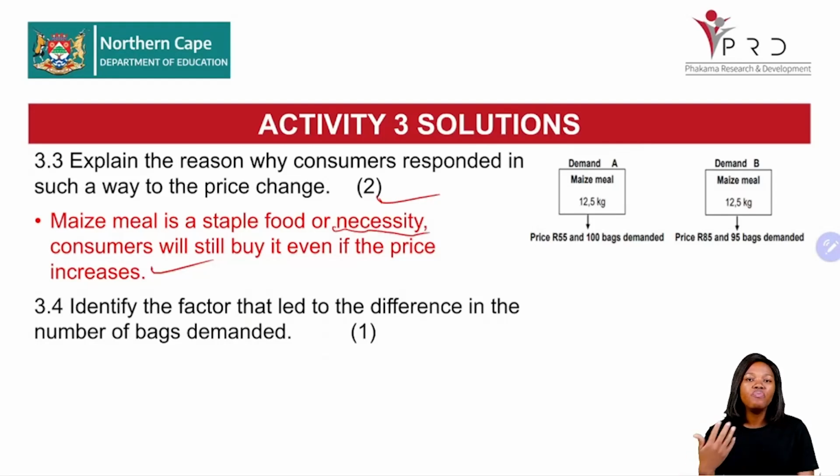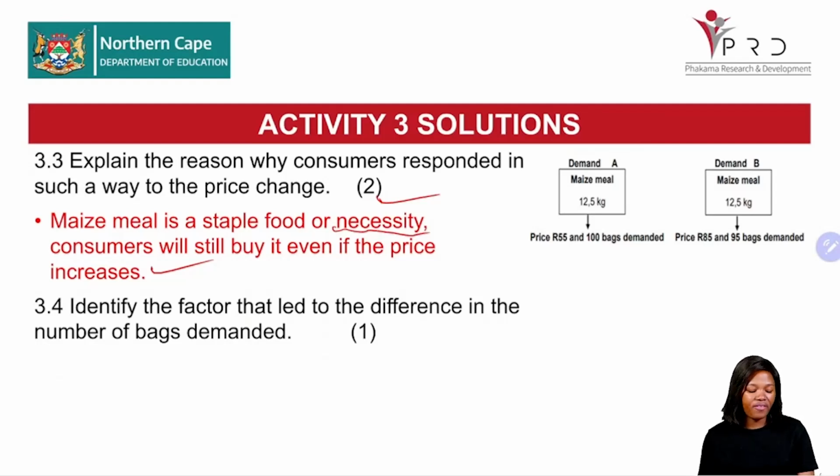Most people consume maize meal, and there are a lot of things you can prepare from it. These consumers need maize meal. That is why there was a slight change in demand when there was a massive change in price.